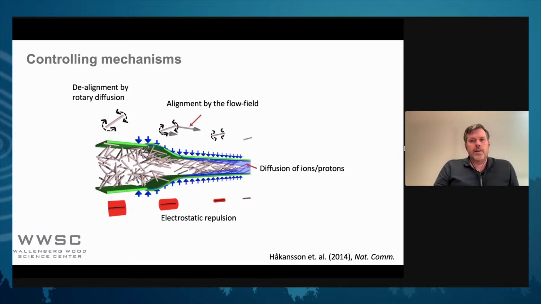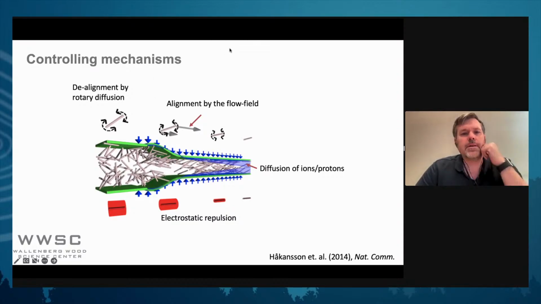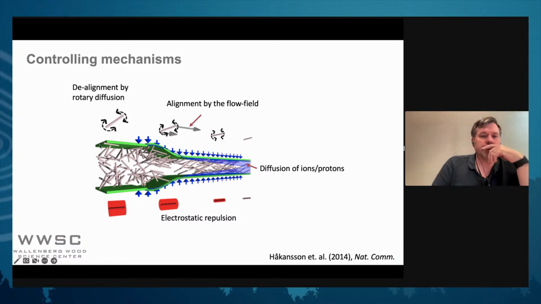All of this was done based on microfluidics and the idea that we have this colloidal control with the diffusion of ions or protons. And this is what we developed as a theory, that we can set up the key parameters that control what's happening. So we have a system here with isotropic fibrils.